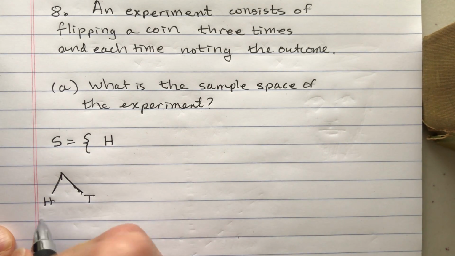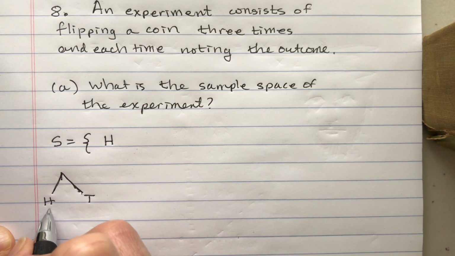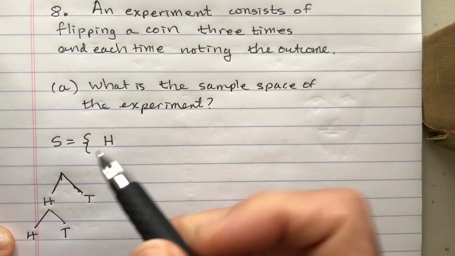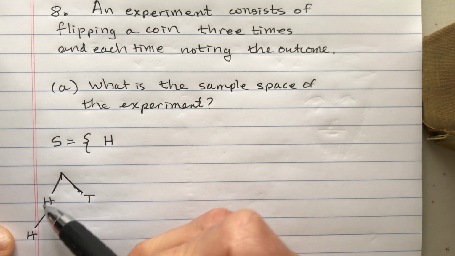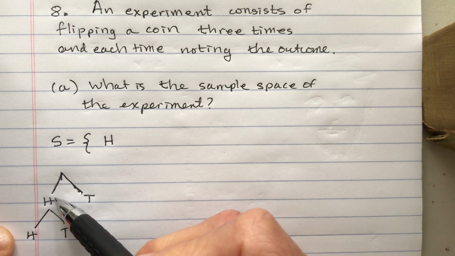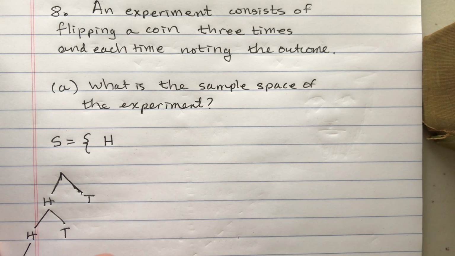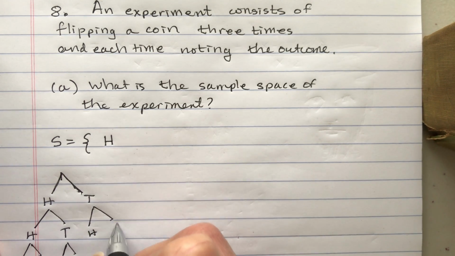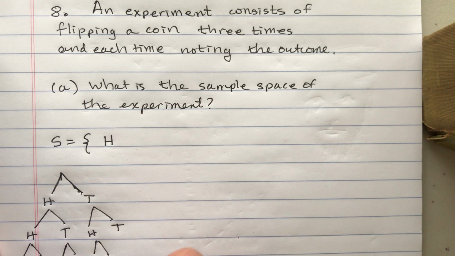And then, assuming you have a heads, you can get a heads or a tail. So there's two paths you can go down. And then for the heads, you can go down heads or tail. And then for this path, you can get a heads or tail. The problem with my little tree here is that I run out of room.